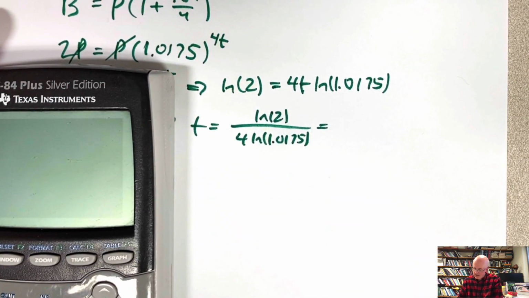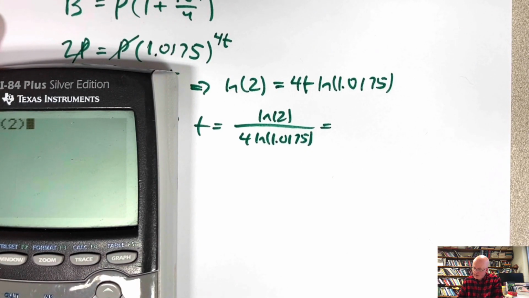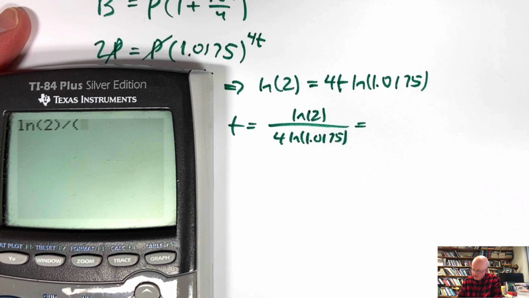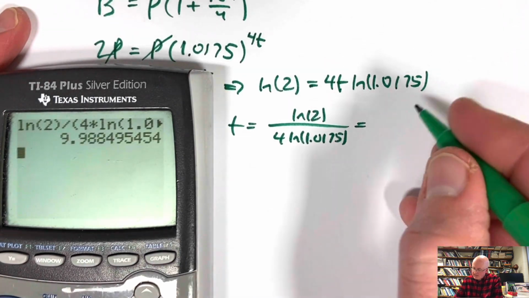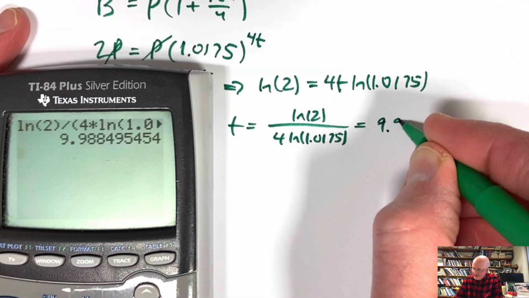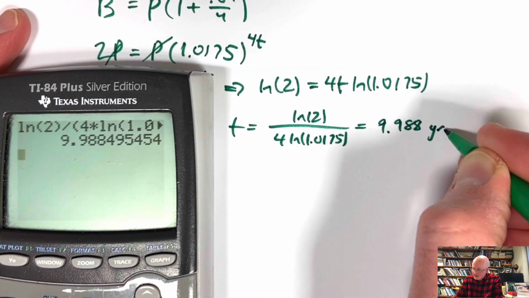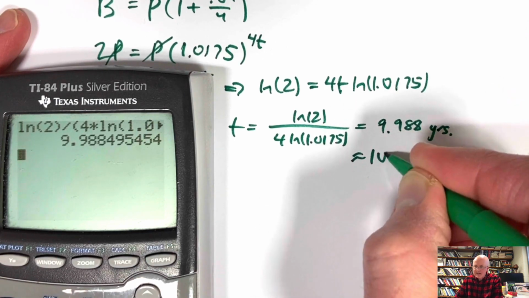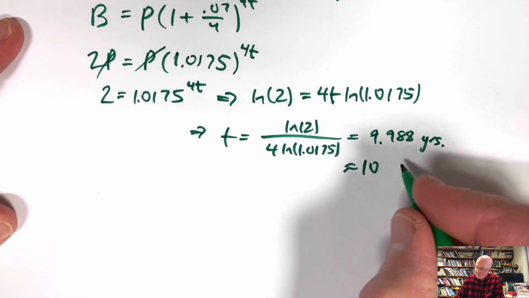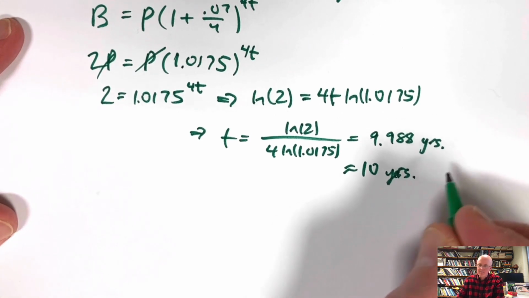This is approximately ln of 2, use parentheses, be careful here, divided by 4 times ln of 1.0175. It's about 9.988 years, close enough to say it's approximately 10 years for the money to double.